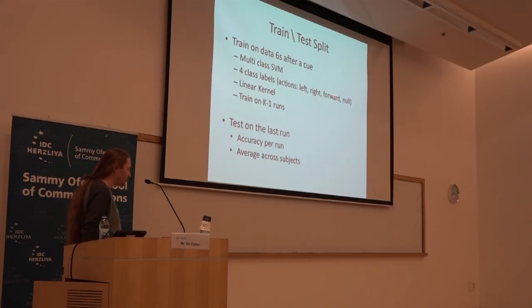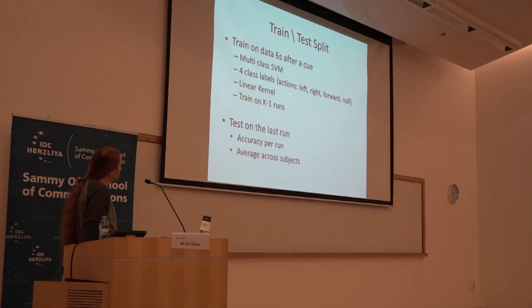Okay, so as I mentioned, we are trying to solve a classification problem. We have a few experimental sessions. We train our algorithm on data that comes 6 seconds after a cue.